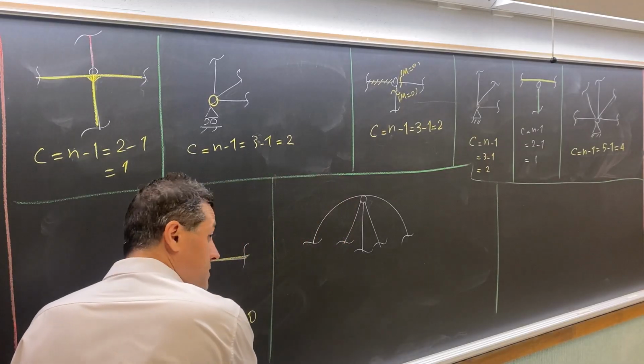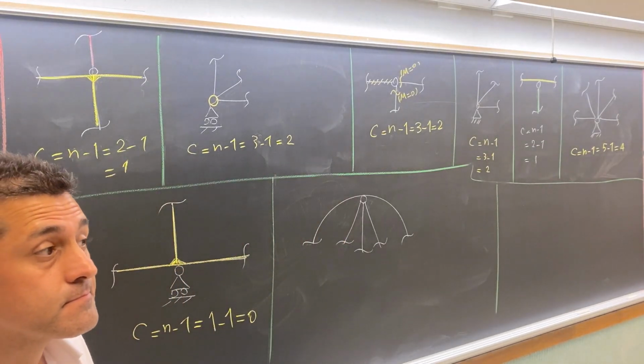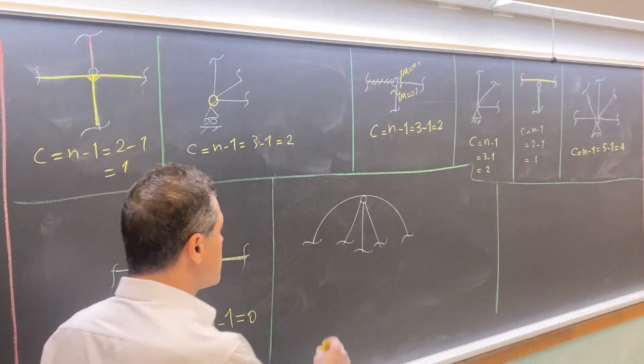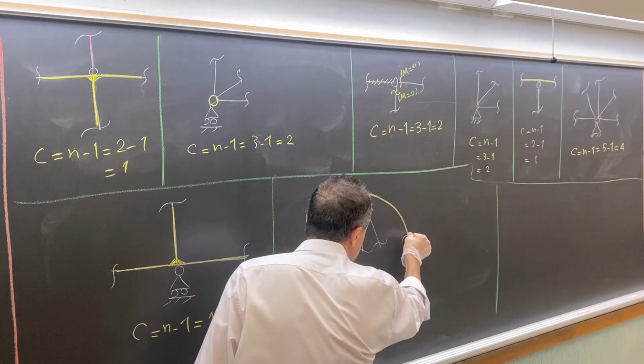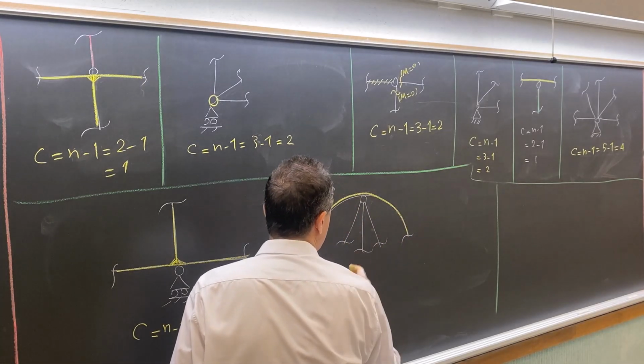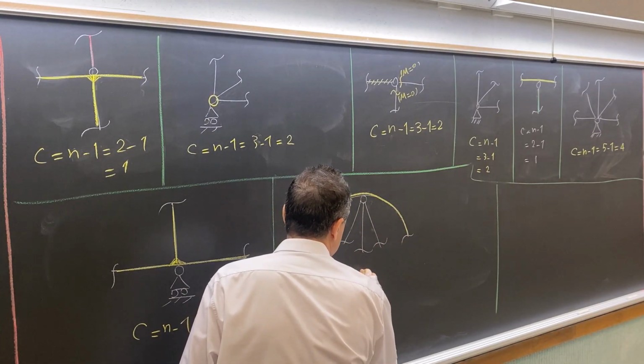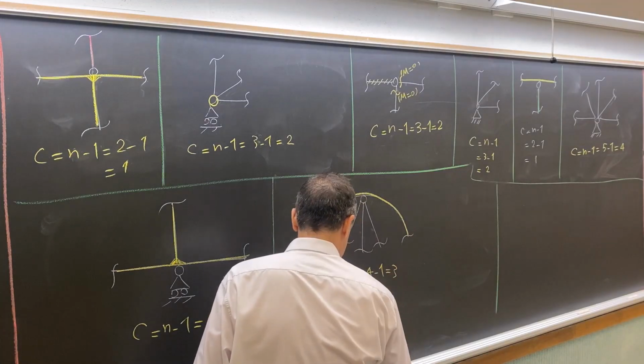How many elements? 4. Yes, 4. Because this is a single element. And 1, 2, 3, 4. So C is 4 minus 1, 3.